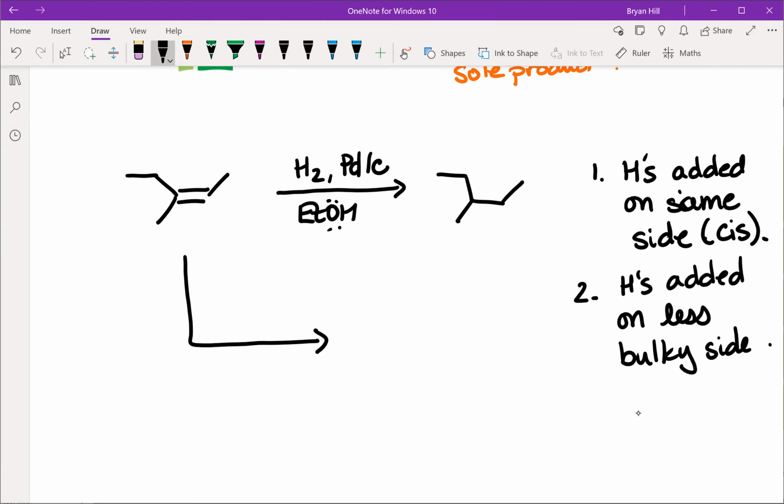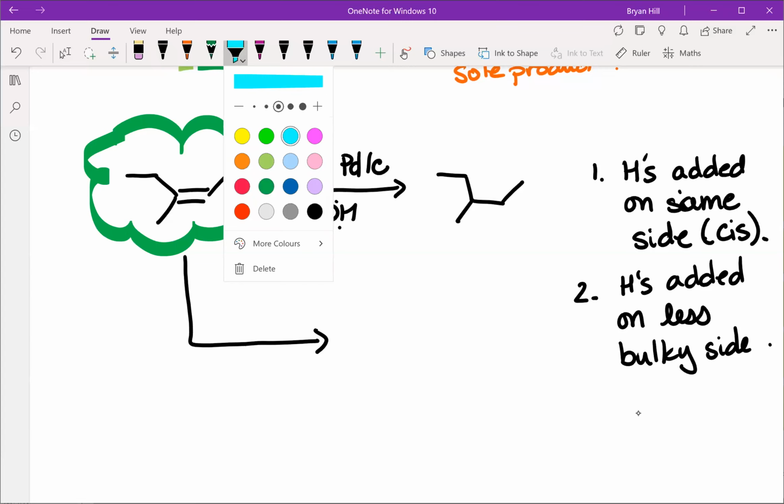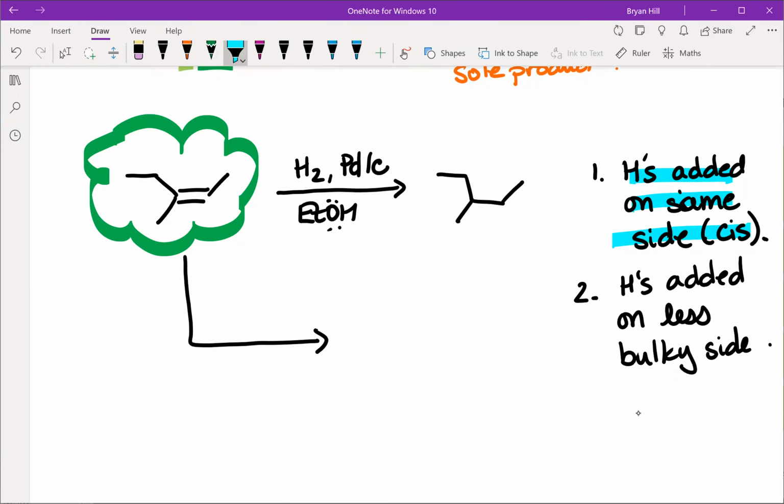So in a case like here, where there is no bulky side, if I was asking this question on an assignment or on a test, what I would probably want to make sure that everyone understood is that the H's are added on the same side. They're added syn to one another. So what I would probably do is instead of using hydrogen, I would use the isotope deuterium to do this reaction.